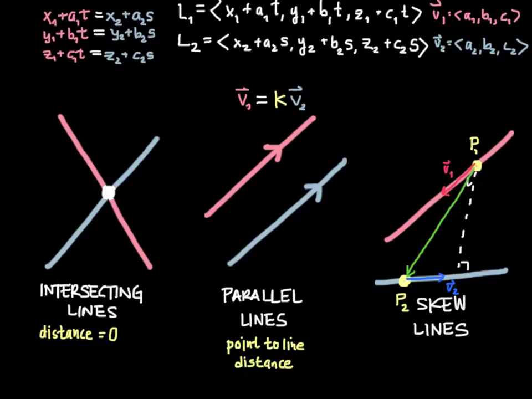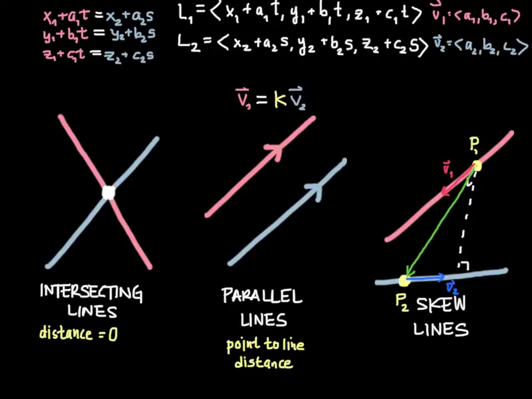Now, it would be only through completely blind luck if we actually happened to pick a P1 and P2 such that these already were the two closest points. And if we happen to, this formula that we're about to talk about will work anyway.